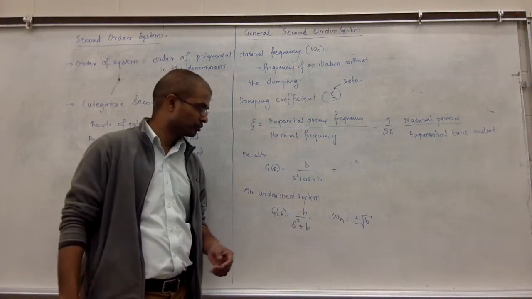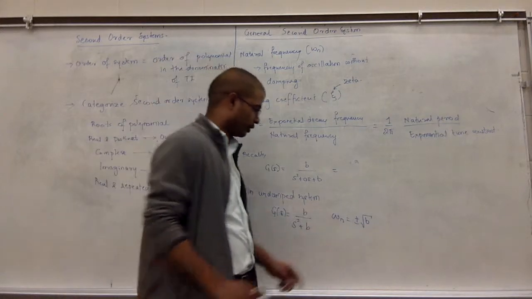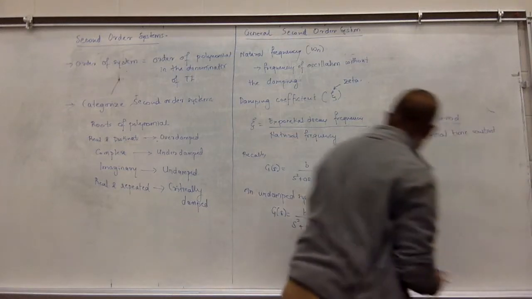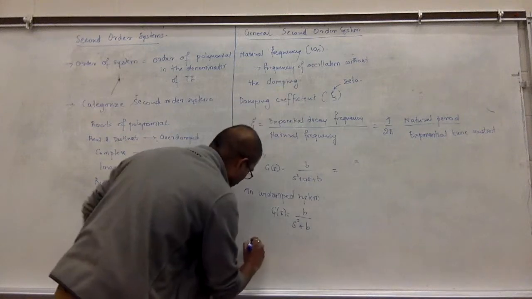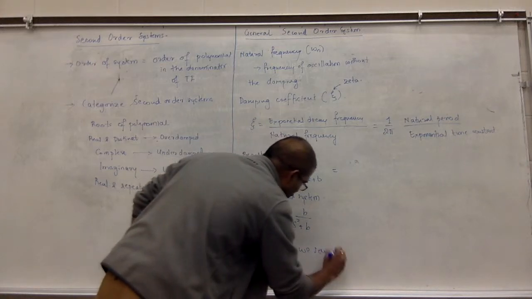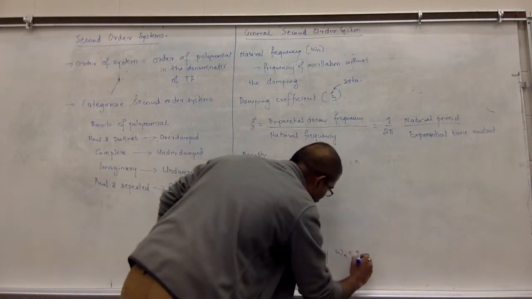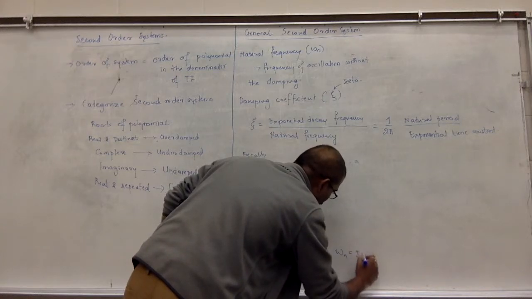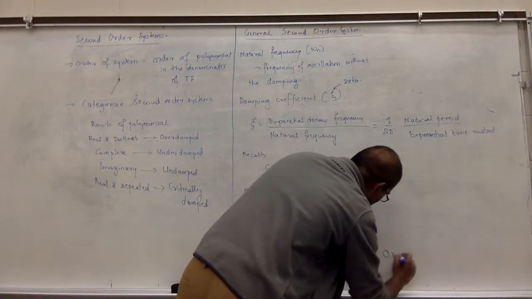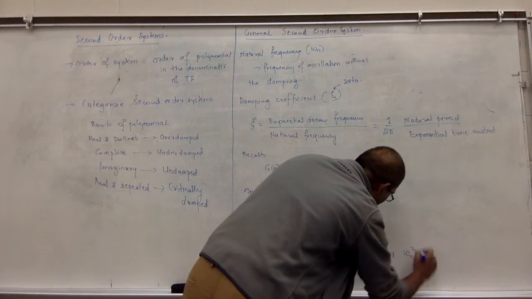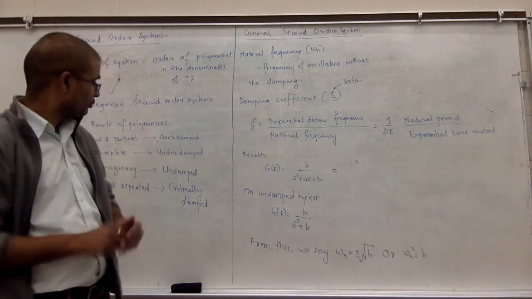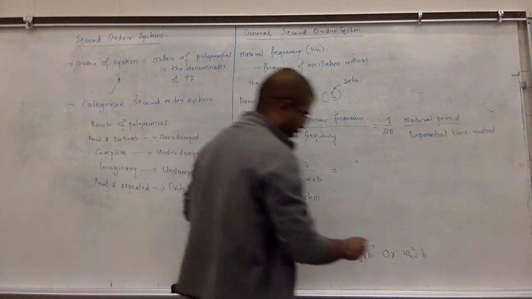It will be I or J. So omega n, which is the natural frequency, is equal to plus or minus j root B, or omega n square is equal to B.